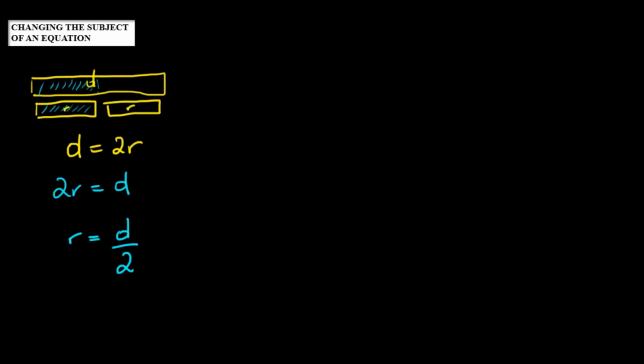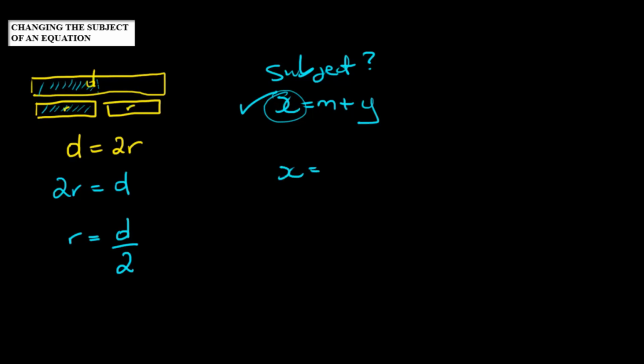So for example, if I had an equation like x equals m plus y, could you tell me what the subject is? Well, you're seeing here that I have x by itself here, so x is the subject of the equation. But if I gave you another equation like x equals m plus 2x, is x still the subject of this equation?